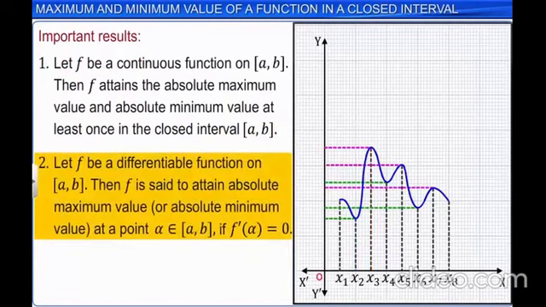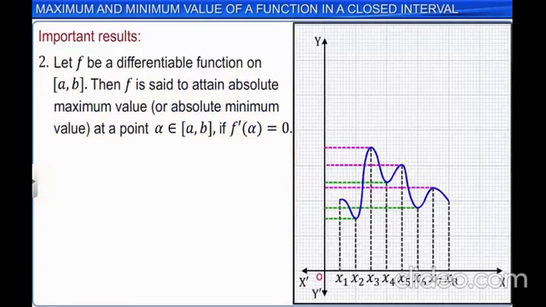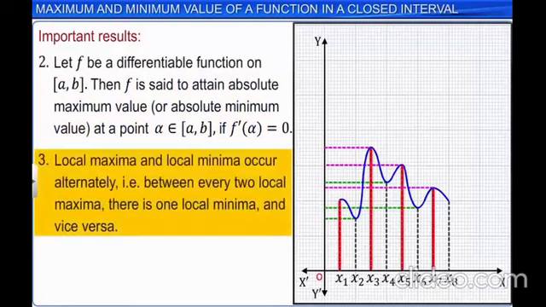Function f is said to attain absolute maximum value or absolute minimum value at a point alpha in that closed interval if the derivative of f at alpha is equal to 0. Local maxima and local minima of a function occur alternately, which means that between every two local maxima there is one local minima and vice versa. Local minima at some points may be greater than local maxima at some other points.